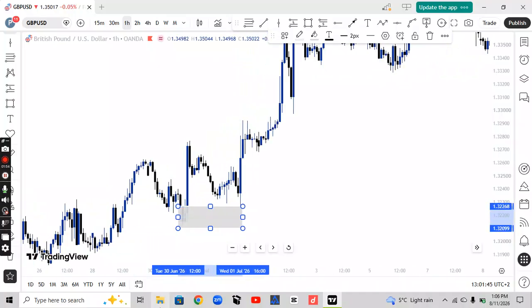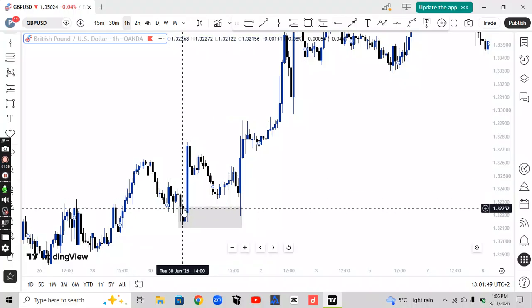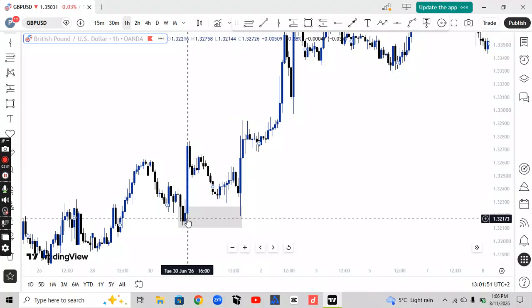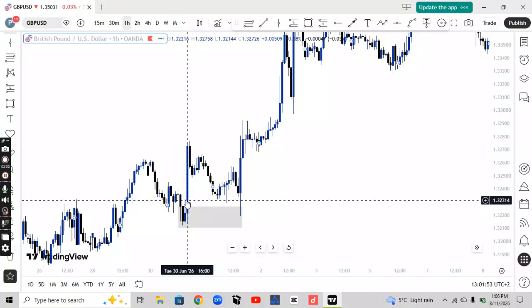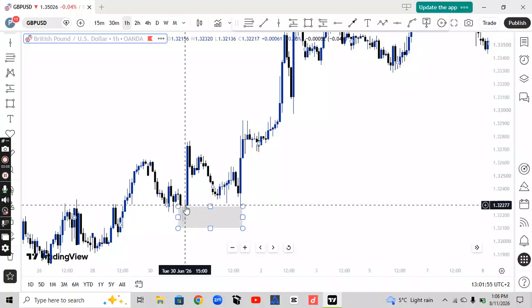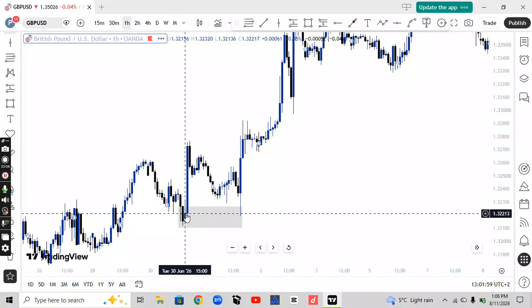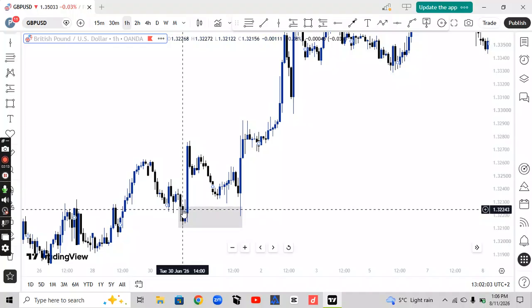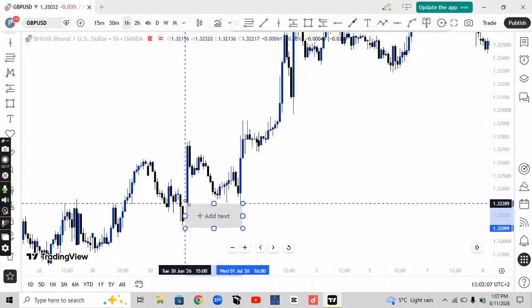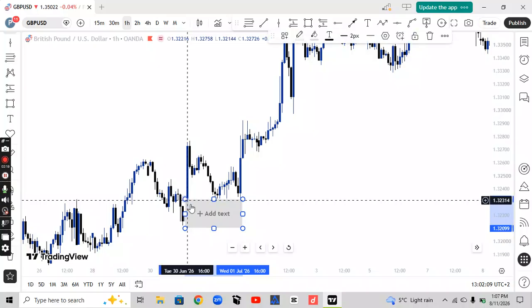But because of the last sell candle before the push up, you see the body of this candle made a weak rejection all the way here. So instead of using the last sell to buy, we're going to use the last candle, which is this candle here.